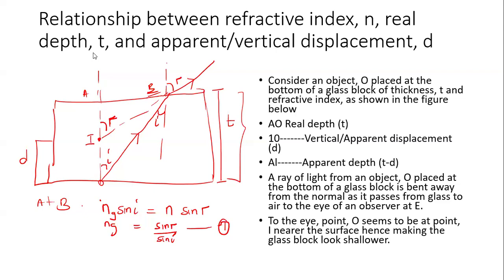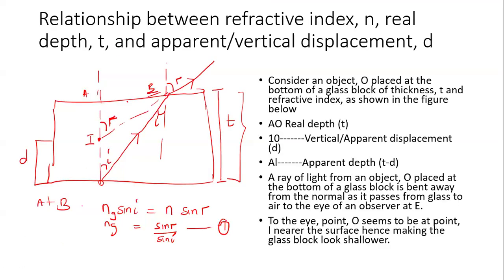Now, after finishing that, we are going to go back and ask ourselves, how is refractive index related to thickness? We have already derived that sine of I is AB, A to B. To get our I, we extract this triangle.